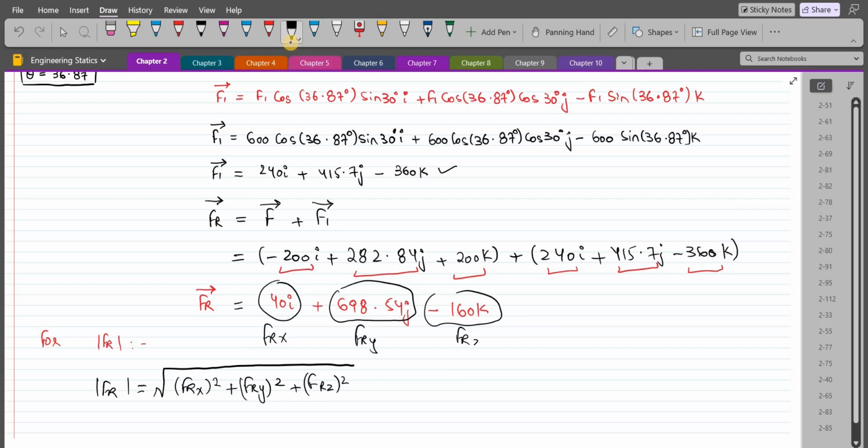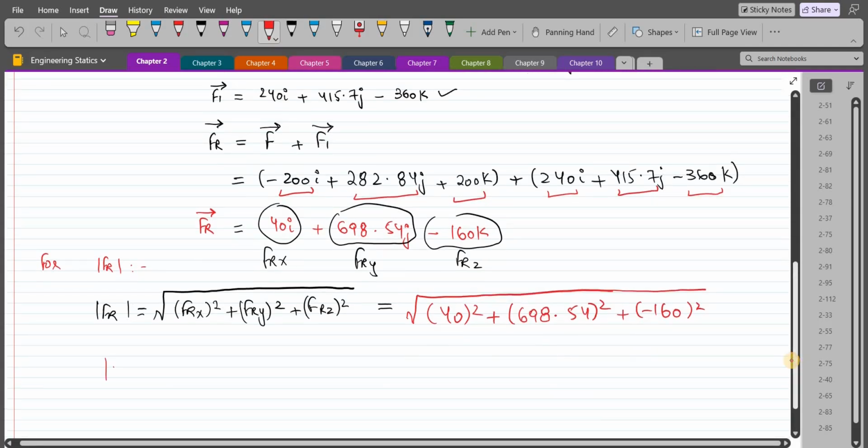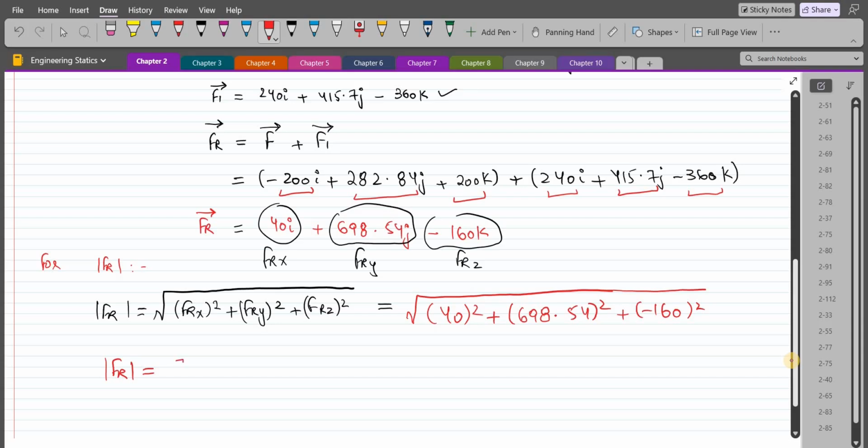Upon substituting the values, we would have 40 square plus 698.54 square plus negative 160 square. Upon simplification, the magnitude of the FR force comes out to be 717.75 lbs. So this is our first answer.